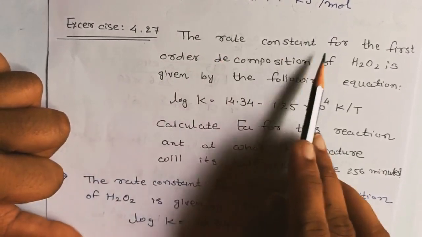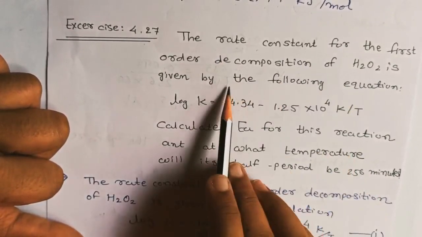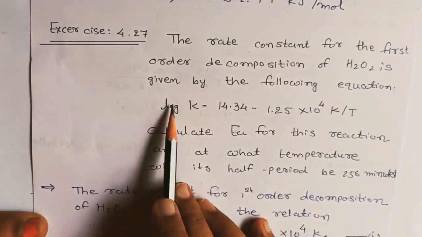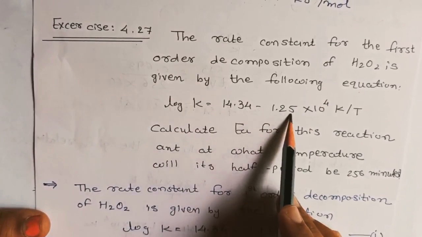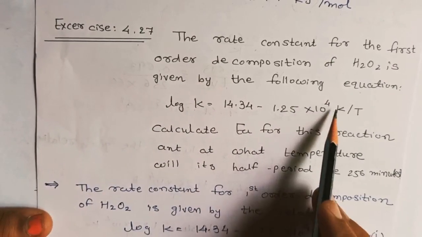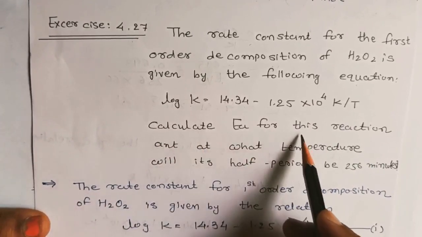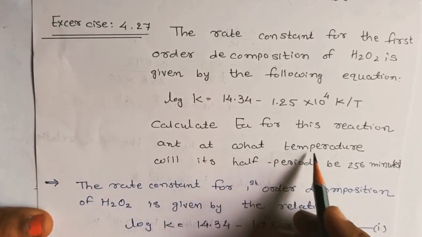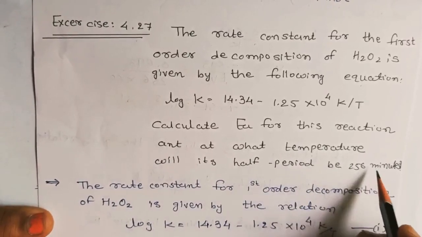Now the next question is exercise question number 4.27. The rate constant for the first order decomposition of H2O2 is given by the following equation: log K equal to 14.34 minus 1.25 into 10 to the power 4 Kelvin by temperature, right? Calculate the activation energy for this reaction, and at what temperature will its half period be 256 minutes?